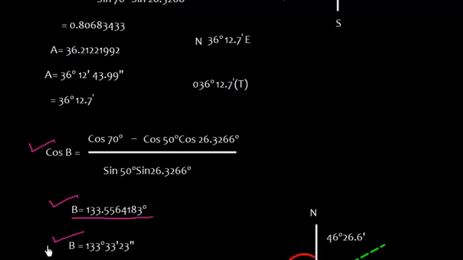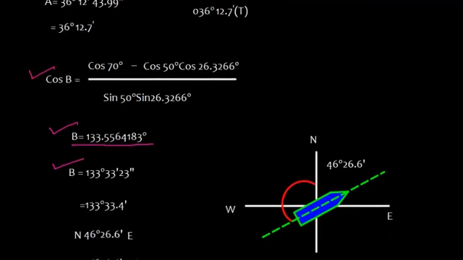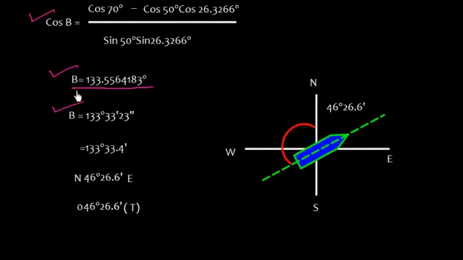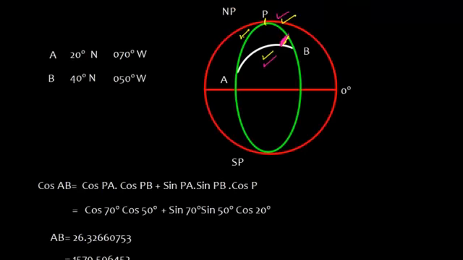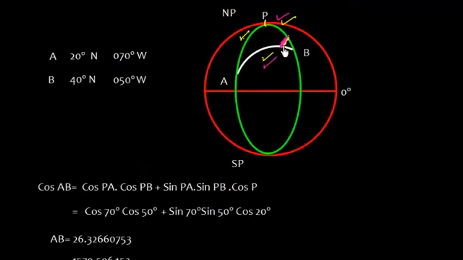So we get this angle B directly, 133.5564183. We can convert into degree and minute and second, and simply I will have this value, 133 degree 33.4. Well, this is this angle. We should be very careful with this. Let me just go up here.